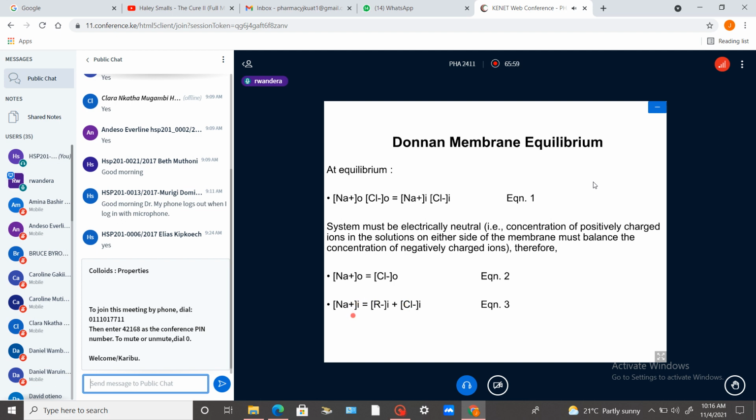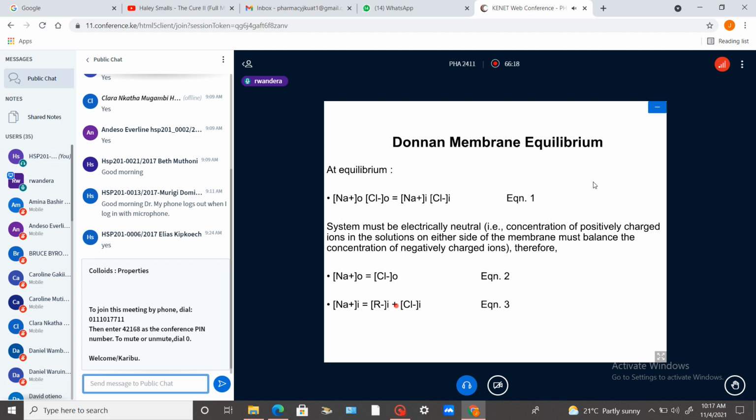So for you to achieve electrical neutrality, the positively charged sodium ions must also balance the negatively charged colloidal ions and the negatively charged chloride ions.